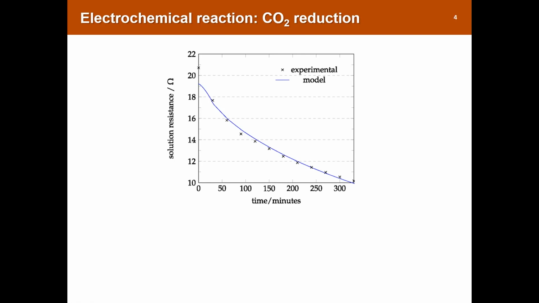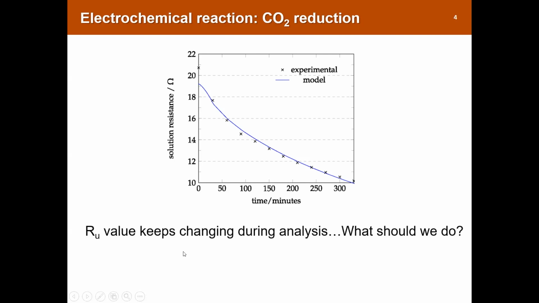In that case, we can totally mess up the RU compensation because we are using the wrong RU value, which is not true anymore after like 100 minutes. So this kind of issue can happen for the CO2 reduction system.